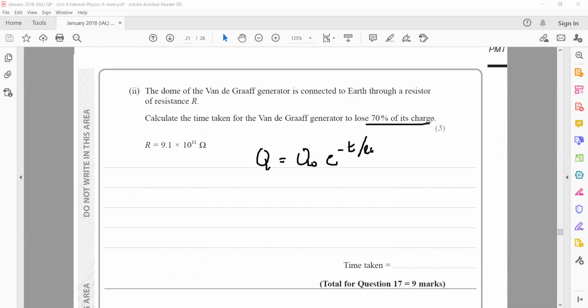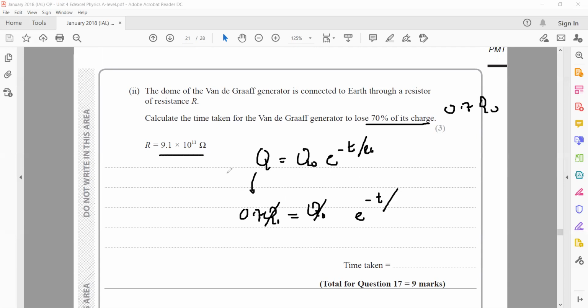So 70% of its original charge, I can say 0.7 Q naught. That's the same thing, because 70% of Q naught in decimal is 0.7 of Q naught. So in place of Q, I can write 0.7 of Q naught. This one is the maximum charge, so without substituting, I can cancel it out. t is the time which I'm finding.